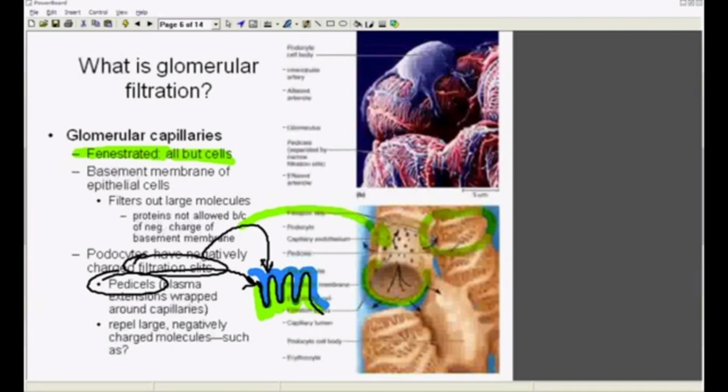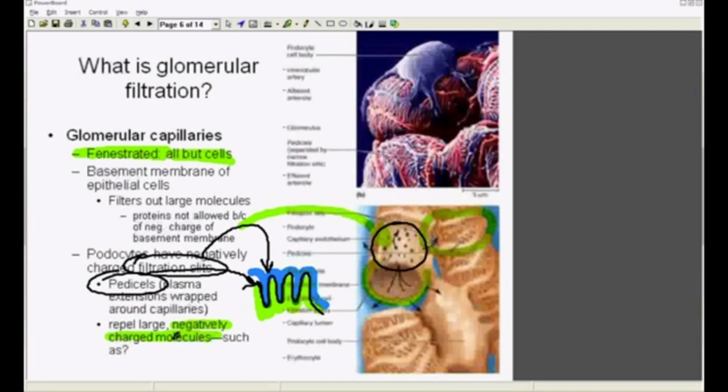Now, what's interesting about these filtration slits is, for one thing, they're very small, so they prevent things from getting out, like large proteins that may have made it through the holes in the fenestrated capillary. When they get to those filtration slits, the filtration slits are physically so small that many of the proteins can't get out. The other thing about the filtration slits that makes them highly useful is that they have a lot of negatively charged molecules in those filtration slits.